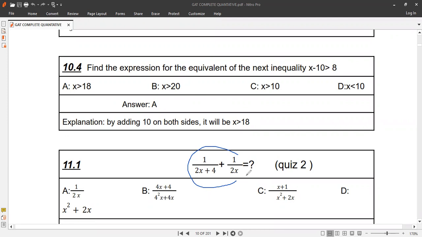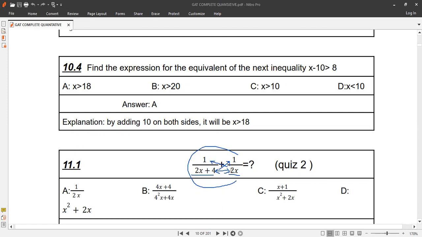The denominator here is 2x, and here the denominator is 2x plus 4. The easiest way, because the numerator is 1, is to multiply crosswise to get the same denominator. We multiply like this, and like this, and like this.